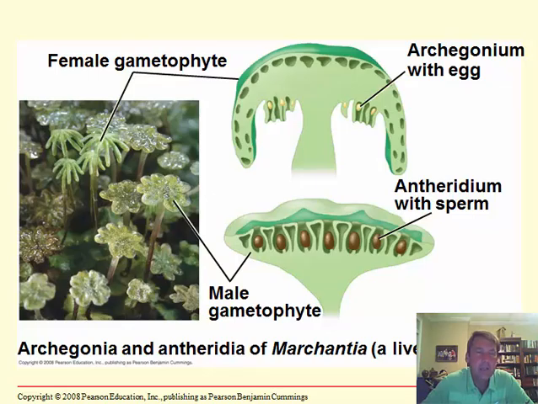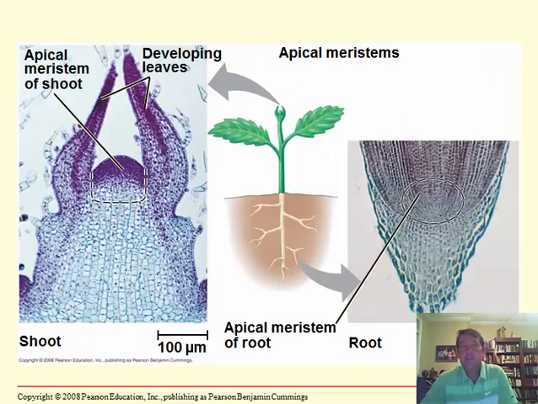And the last example of something that is consistent in all plants is that they have apical meristems. Apical meristems is the point at which the plant grows, basically. It is new growth tissue where mitosis is taking place to increase the length of the stem and the root.